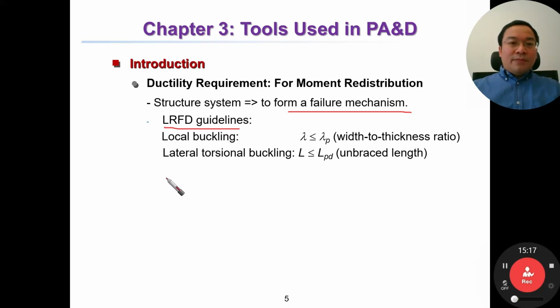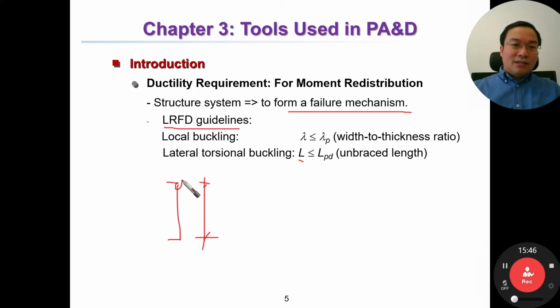With lateral torsional buckling, L should be smaller than Lpd. Here L is the length of the component. For example, we have a column, then this is the effective length of the column.